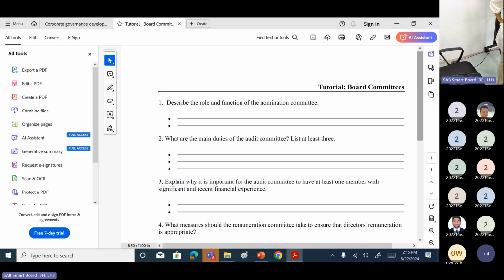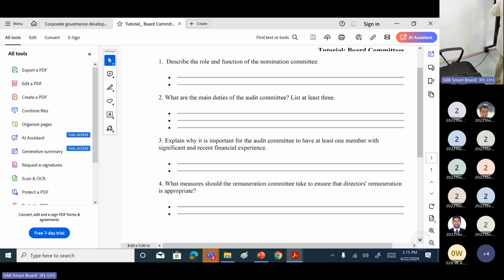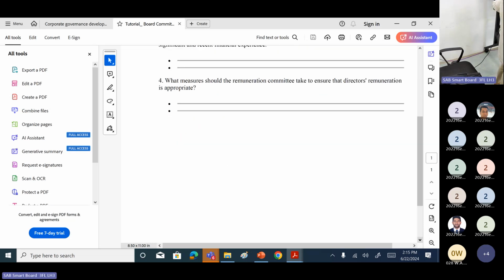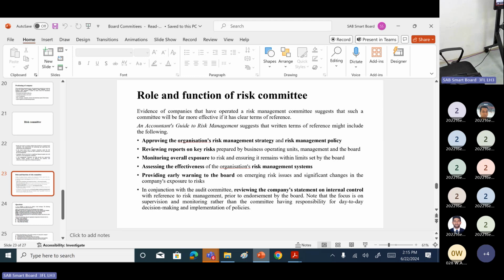Then you have to connect and say the audit committee does a lot of internal audits, external audits, those things. So people with financial qualifications are the ones who have the audit knowledge. That is why you want people like that. These things you have to answer.